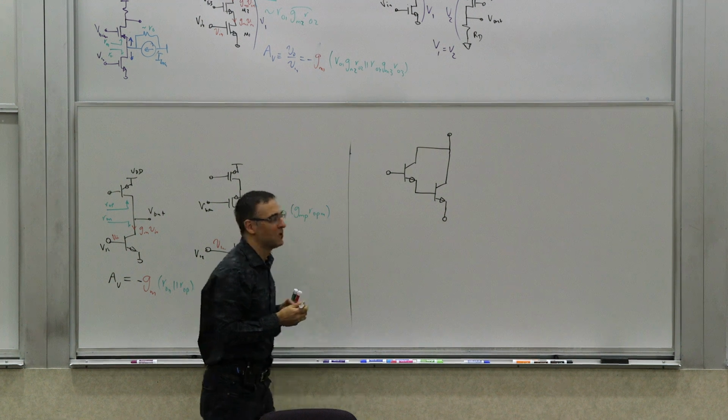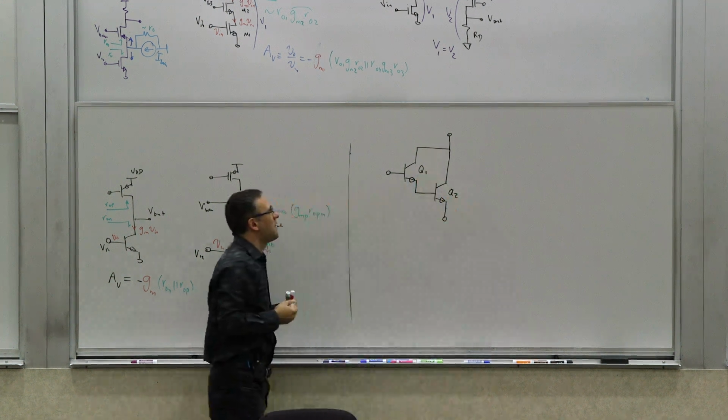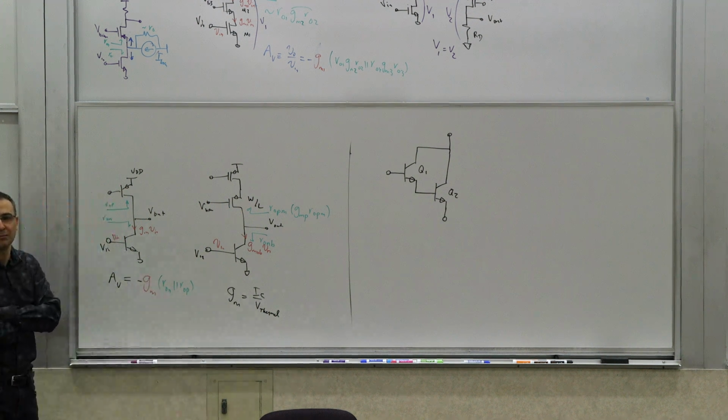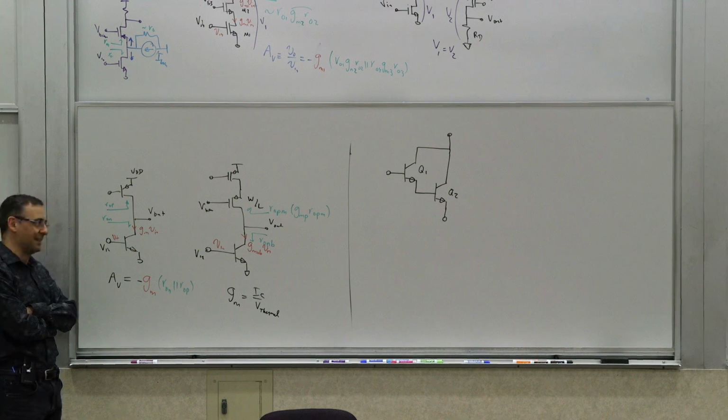Something like that. So you can call this Q1 and Q2. Now, what does this compound transistor do? What is the purpose of this thing? What do you think the purpose of something like this would be? Increase the gain. Yes, what gain?